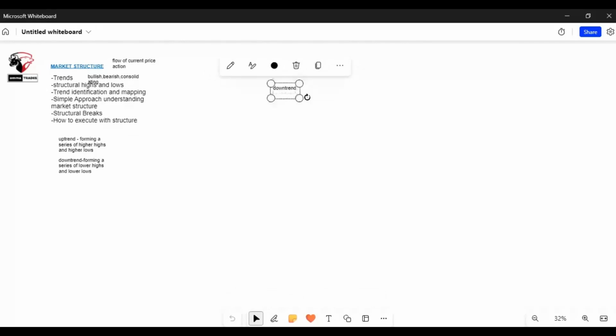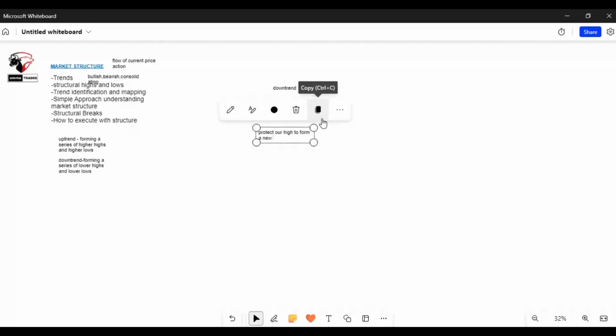So in a downtrend, what happens is we protect our high, first to form a new lower high, and we target the low to form a new lower low.